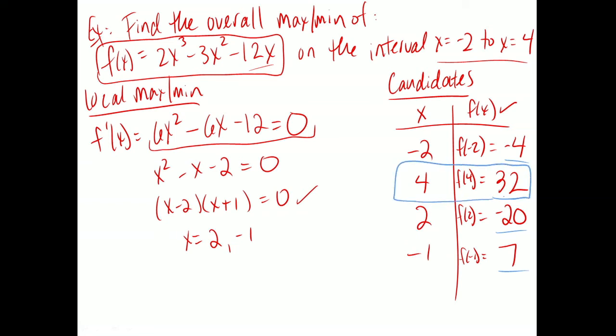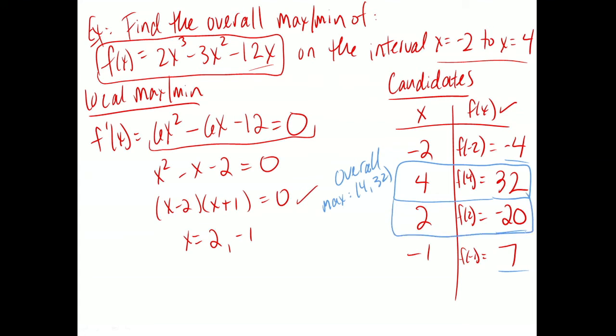32 is the biggest number I see, so the overall max must be at 4, right here, is 4 comma 32. That's the point, if you want to say that. And then the lowest that this goes, negative 20.